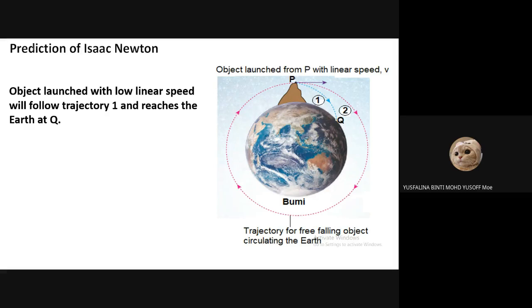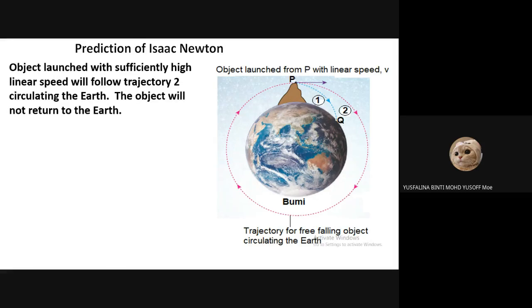An object launched with sufficiently high linear speed will follow trajectory 2, circulating the Earth. So the object will not return to the Earth. It means if you want to make sure that the object rotates and will not fall down to the Earth, you have to use a certain speed so it can rotate around the Earth.